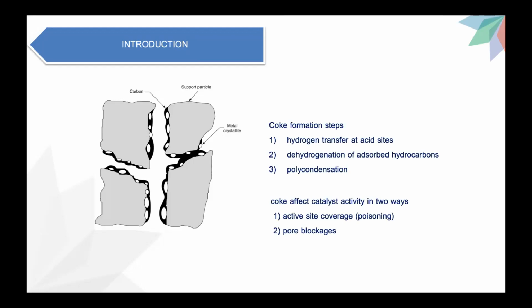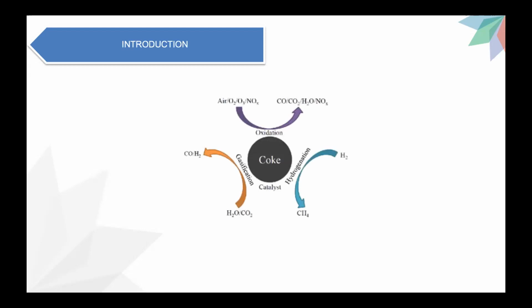In principle, coke may affect catalyst activity in two ways: through active site coverage and pore blockage. In this paper, we will discuss recent advances in coke removal using oxidation, gasification, and hydrogenation.